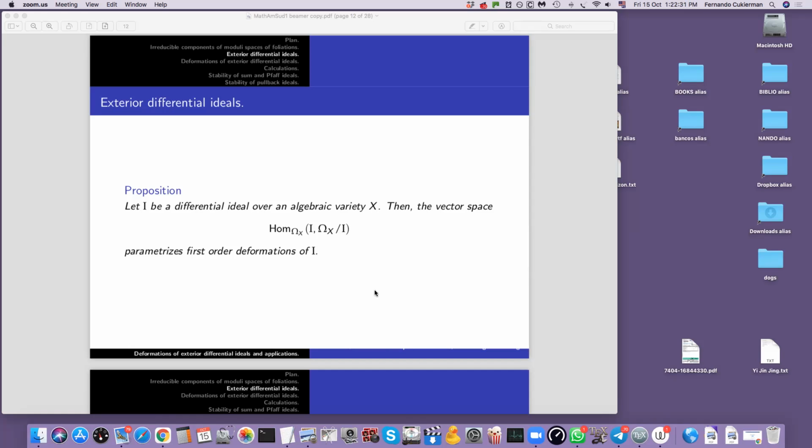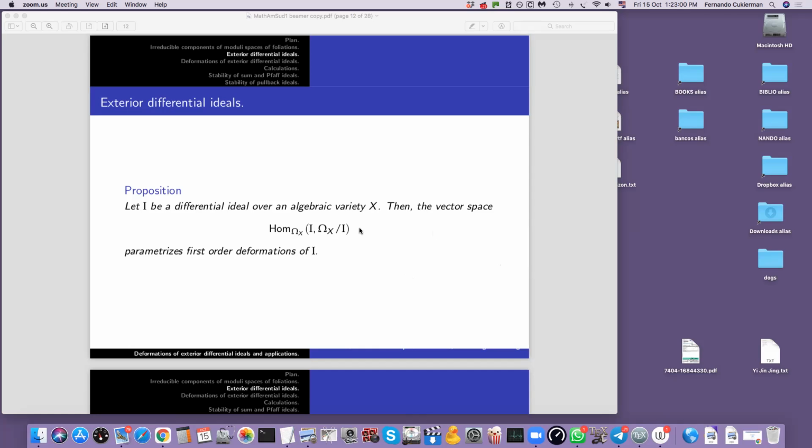These are the first order deformations of an ideal I, and they are in a natural bijective correspondence with this Hom of I into omega modulo I. This looks formally the same as what happens in the Hilbert scheme.